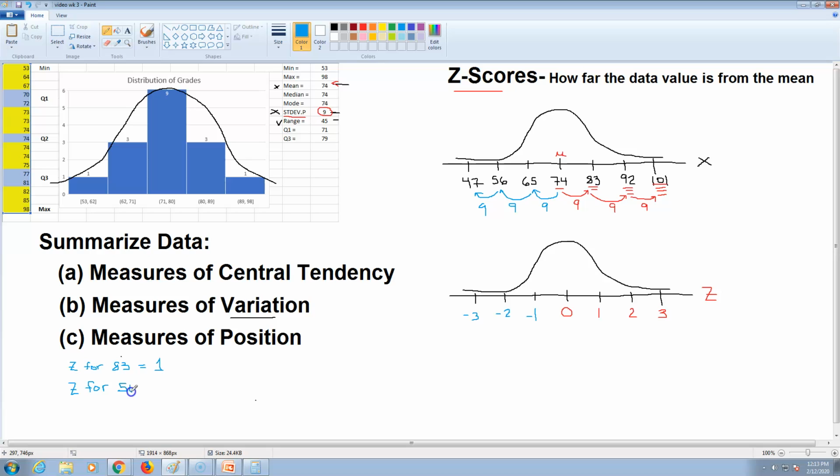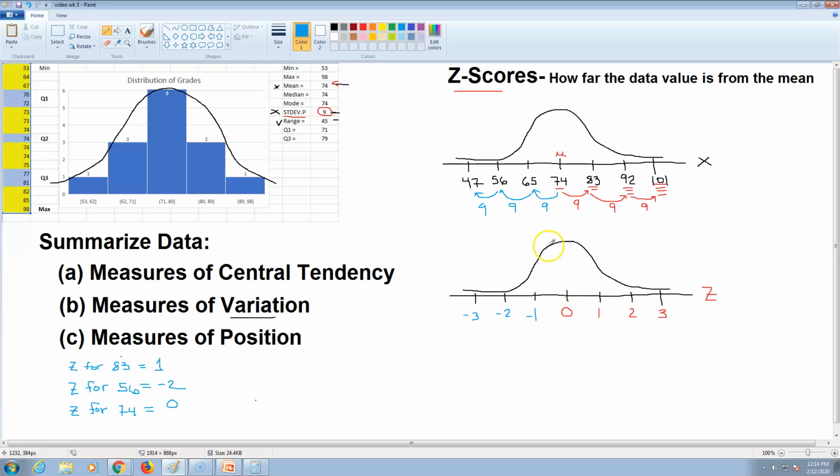Then based on the number line that I did down here, labeled Z, that will be -2, because for 56, I used two 9s to the left from 74 to get there. If I ask you, what is the z-score for 74? How many 9s did I use to get to 74 from 74? I used none. That's the 0 you see right there in the middle.